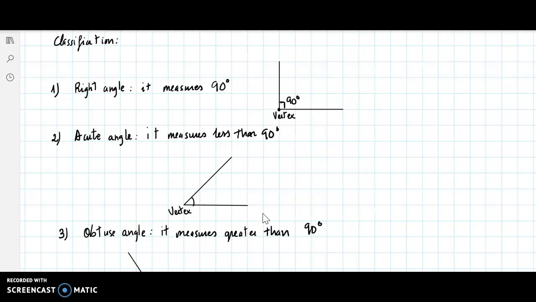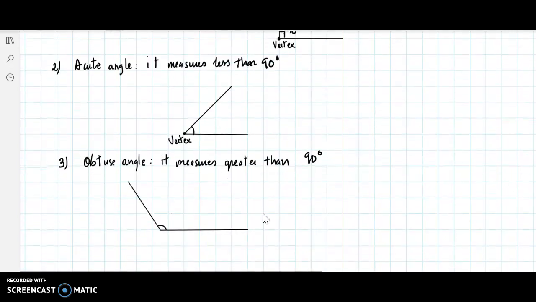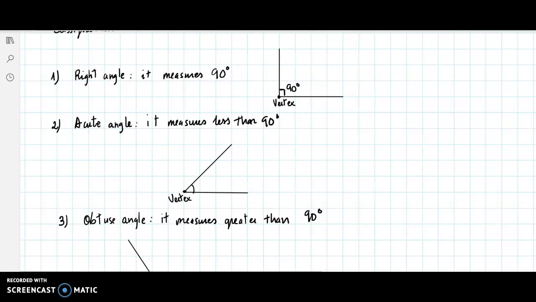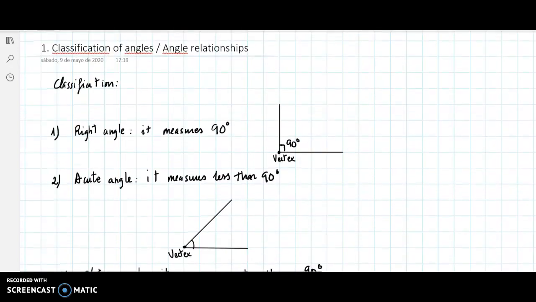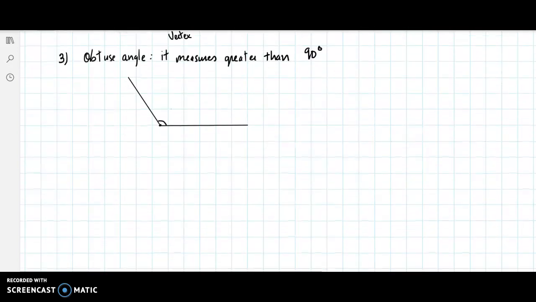Okay, so we have two sides, two lines, and these two sides cross each other at a vertex. So the vertex. Cool. Now we are going to see the angle relationships.